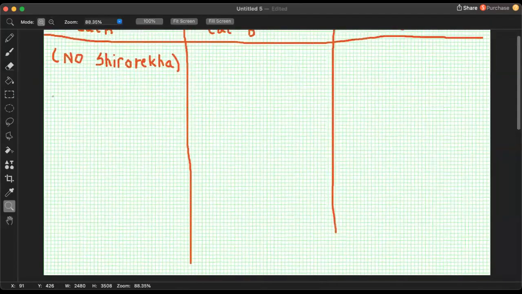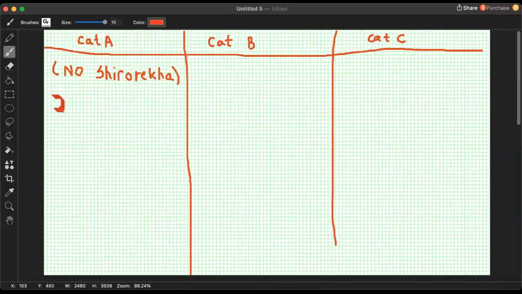You're writing Anna. We know this is Devanagari.